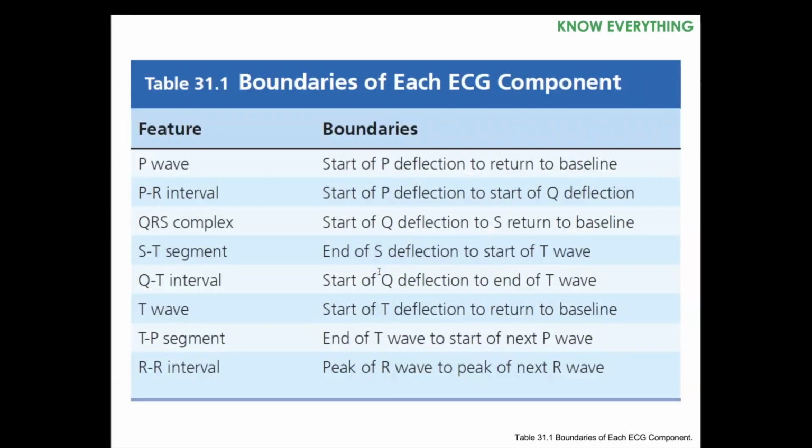This chart covers all the sections of an ECG and their associated boundaries. When we see the word deflection, that just means that the membrane potential is moving away from baseline. I highly recommend studying this chart as well as the previous slide to be able to label an ECG and all of its parts.